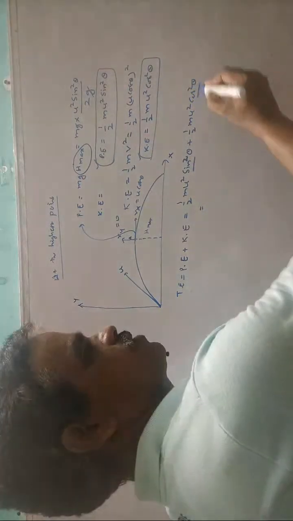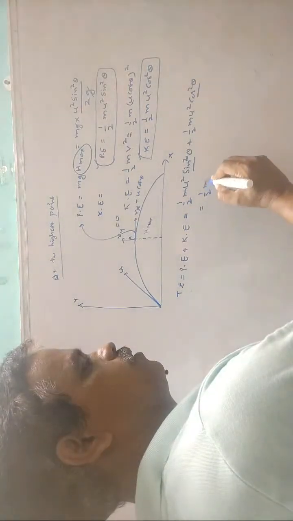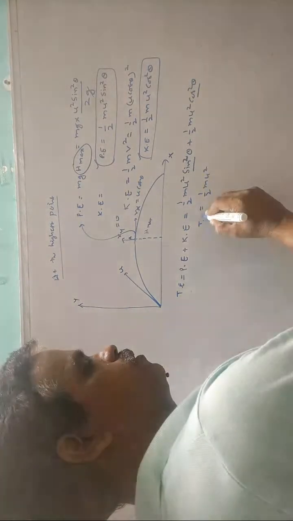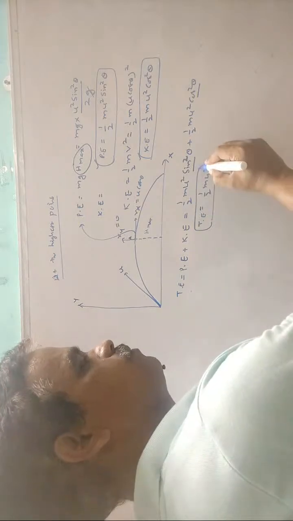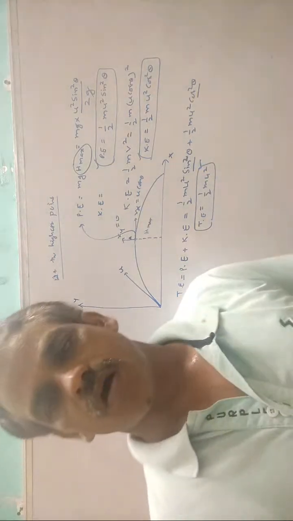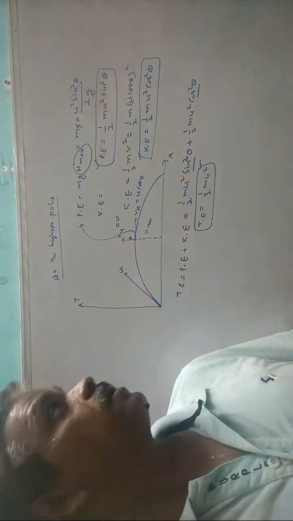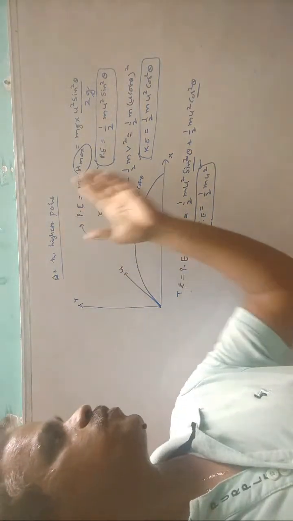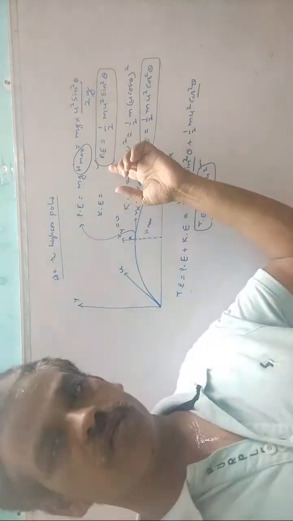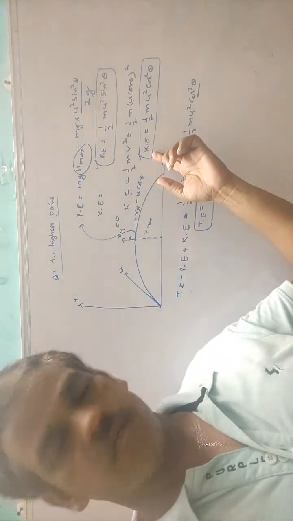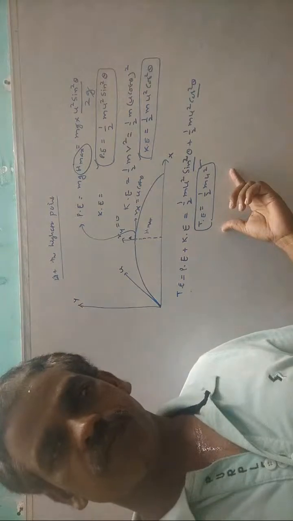So sin square theta plus cos square theta equal to 1. Finally you got total energy equal to half m u square. So what I discussed here: at the highest point, what is the potential energy, what is the kinetic energy, what about total energy?